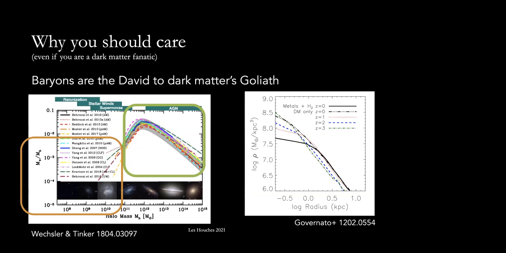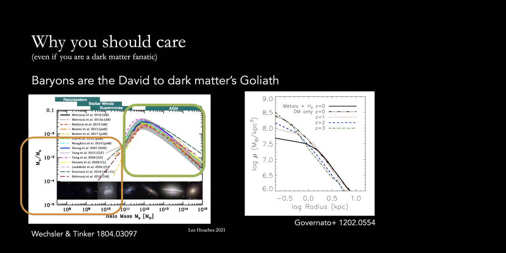But also take a look at how few baryons, how few stars there are per unit halo mass. It turns out that even a small amount of baryons can wreak havoc on the shape of your density profile. This plot to the right is from a paper by Fabio Governato and his group at the University of Washington.